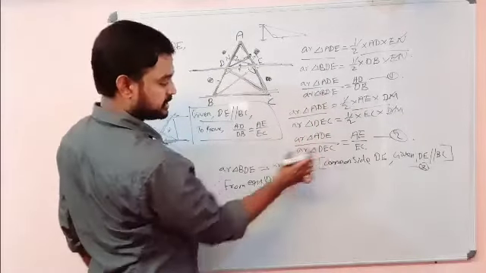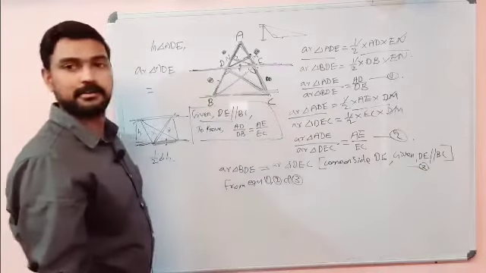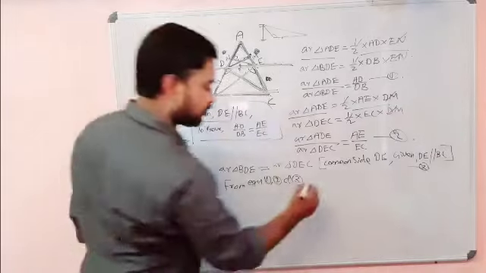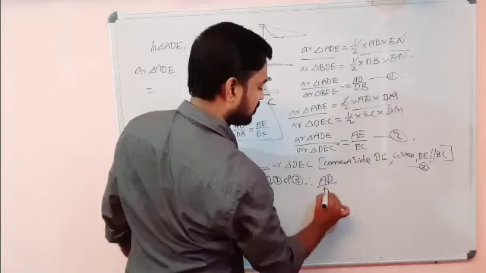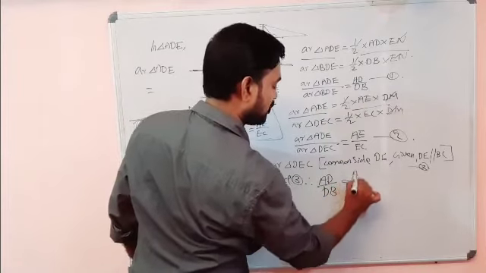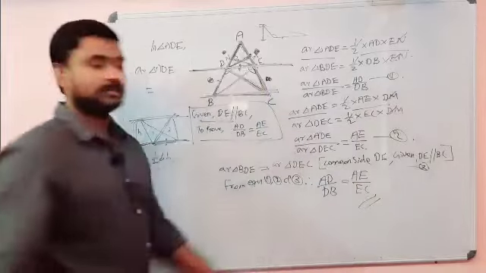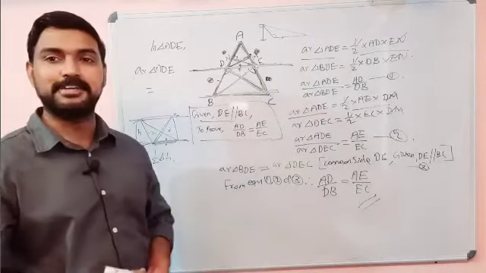BDE, DEC are the same, which we get from equation number 3. So if left sides are equal, their right sides are also equal. Therefore, what are the right sides? AD by DB is equal to AE by EC. This is the proof we required. AD by DB is equal to AE by EC.